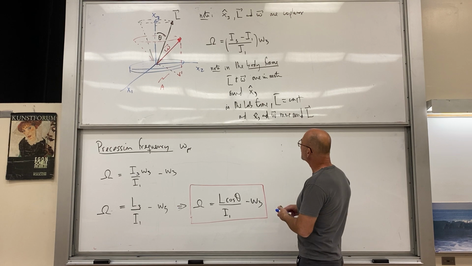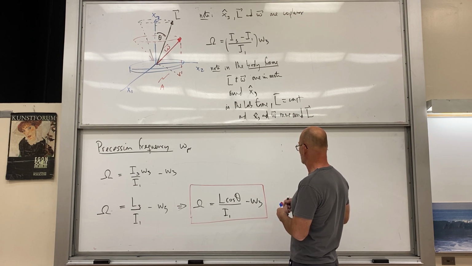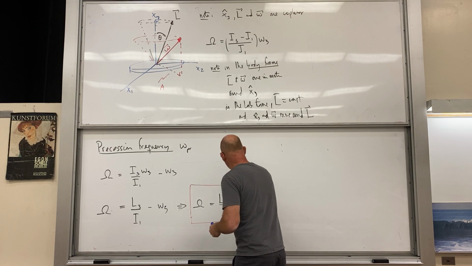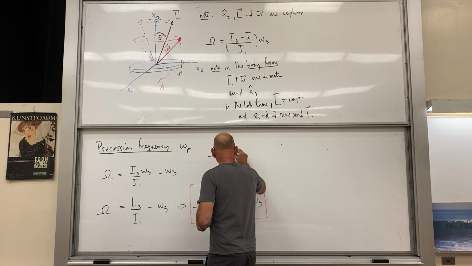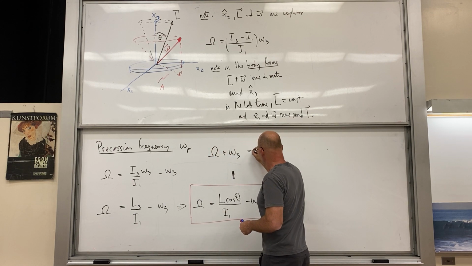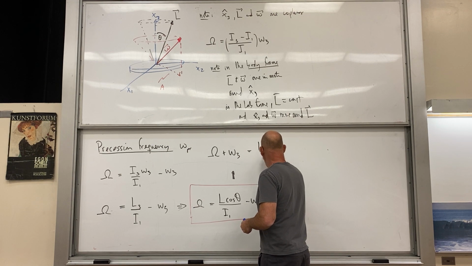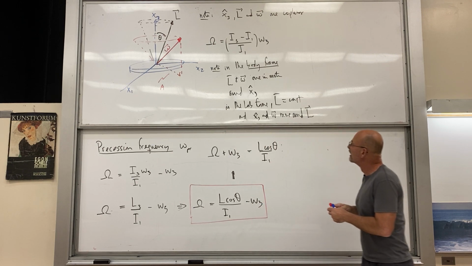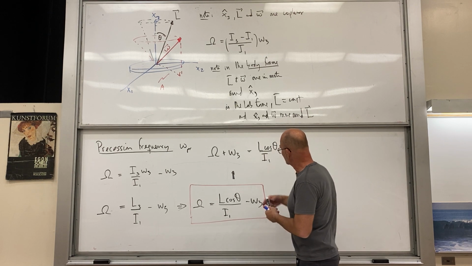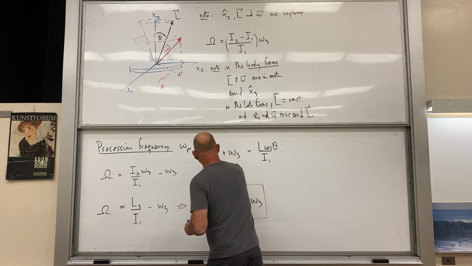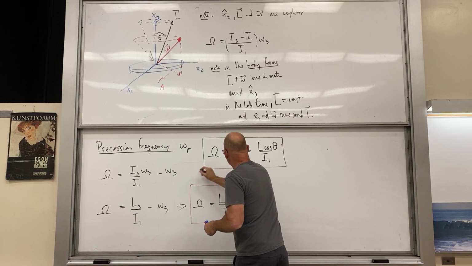And here's the time for our second picture. Or in fact, let's go up here. I'm going to write omega plus omega 3 is equal to L cos theta over I sub 1. Okay, so that's equivalent right here: L cos theta over I sub 1.